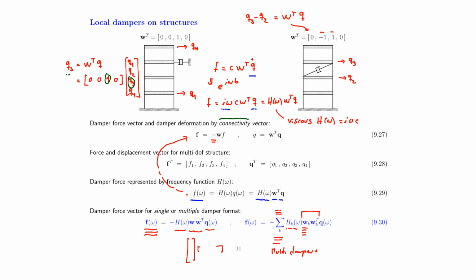That means in the frequency domain we have an equation of motion that can be written as minus omega squared, the mass matrix, plus any damping matrix, plus the stiffness matrix, and everything here is multiplied by Q, and on the right hand side we have minus the summation over K, and we have HK, W transposed, with K indices, and times the omega.